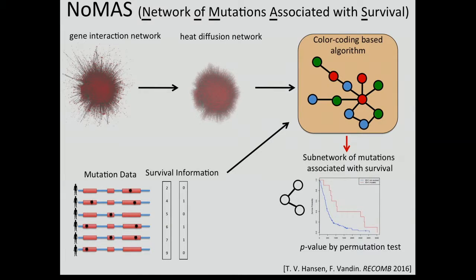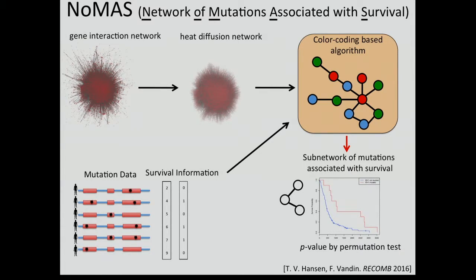And then we combine this network with mutation data and survival information. And using a color coding based algorithm, we identify subnetworks that are high scoring, where high scoring means they have a high normalized log rank statistic.